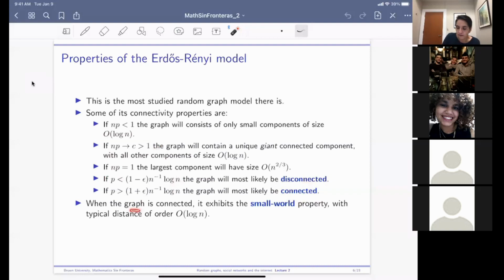Now, when the graph is connected, it turns out that we can show that we have the small world property, and the typical distances are actually quite small. They're of order log of n. Even when n is in the billions, distances tend to stay rather small, which is one way of explaining the 6 degrees of separation.